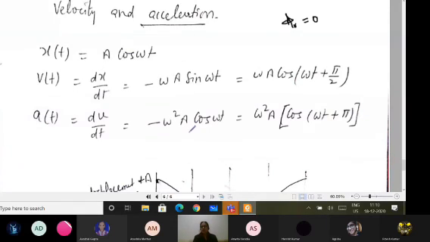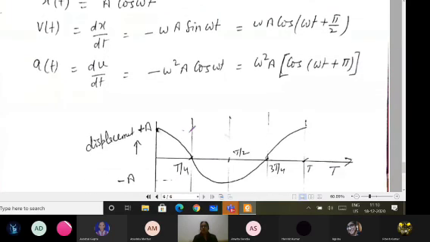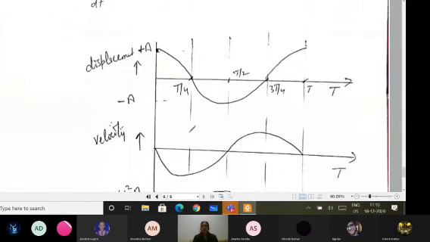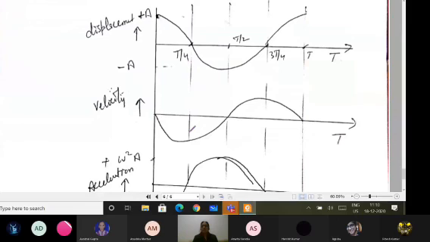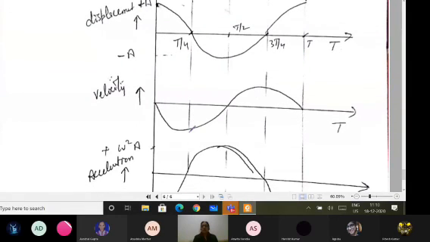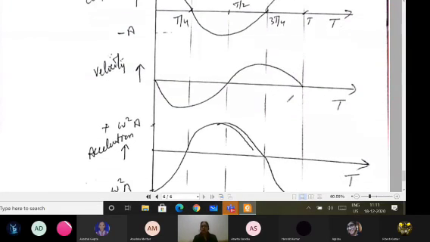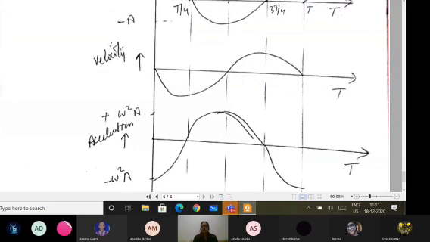This you can show with the help of a graph also. So if I have taken the displacement, maximum amplitude at extreme position A, for velocity the phase difference is 90 degree. So you have to draw these curves by keeping the phase difference in mind. For acceleration it is 180 degree.